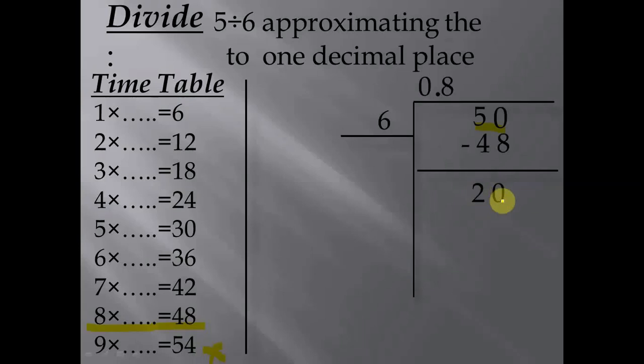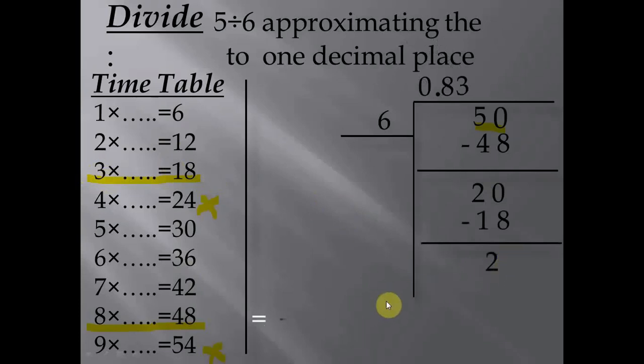20 divided by 6 possible. Search for 20, not found. Search for a number greater than 20: yes, this number is greater than 20, cancel it and take it. 3, write it up. Second number, write it under the dividend and subtract. We get 2.